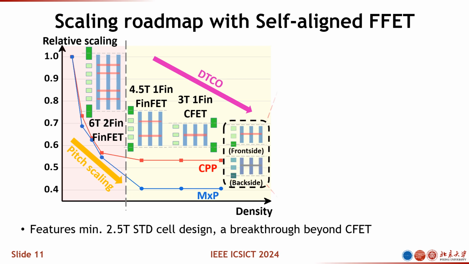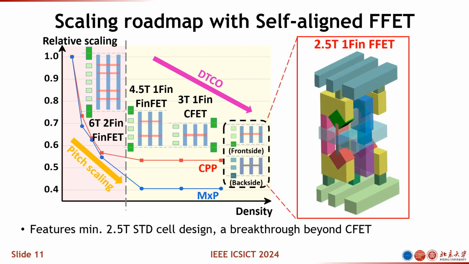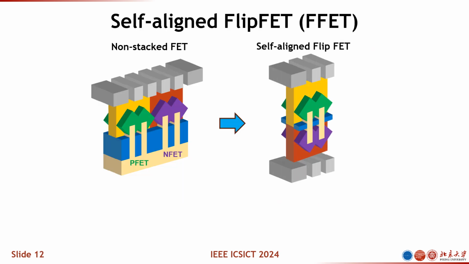So that's why in this work we demonstrate a new idea which can further enable a 2.5T one-fin transistor, which is called the FlipFET. And I will go through the details in the later discussions. And the self-aligned FlipFET actually features a very interesting enablement. So for a standard FinFET, as you can see from the left-hand side, you have a PFET and an NFET put in a planar way, and they are adjacent to each other on the same plane.